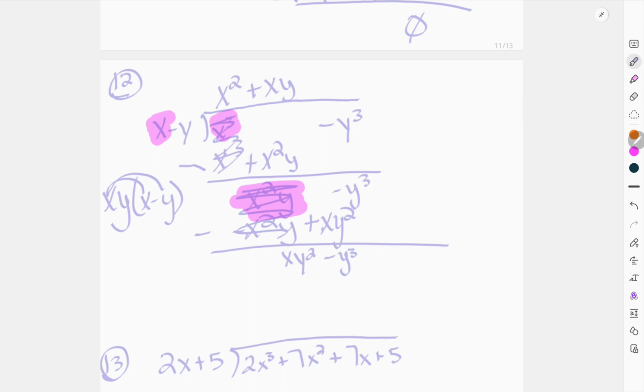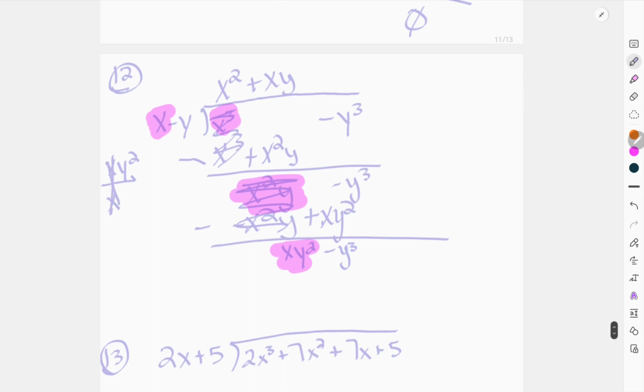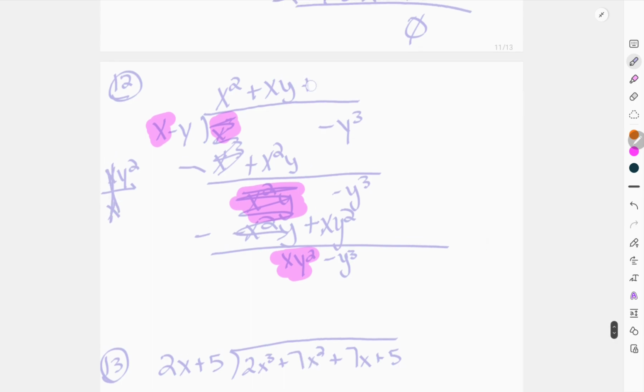Bring down my y to the third, and we're going to divide again. Remember, only using that first term. So we have x y squared divided by x. So those x's are going to cancel. It's going to leave me with positive y squared.